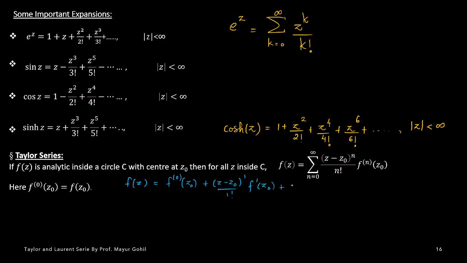Then there is (z minus z naught) raised to 2 over 2 factorial times f double dash at z naught, and so on. Then (z minus z naught) raised to 3 over 3 factorial times f triple dash at z naught, and this goes on.